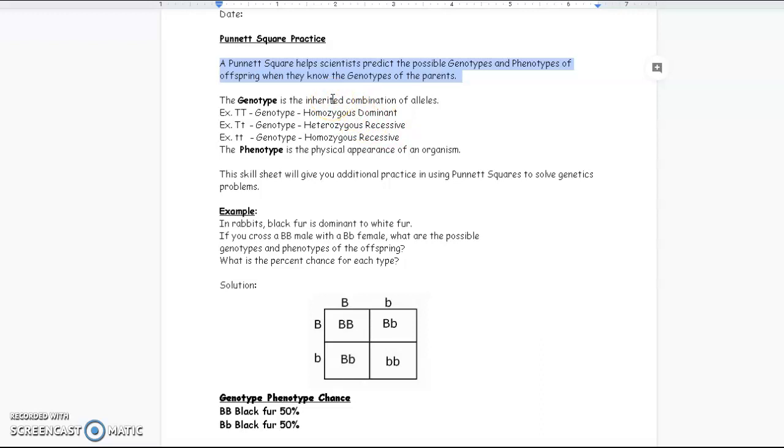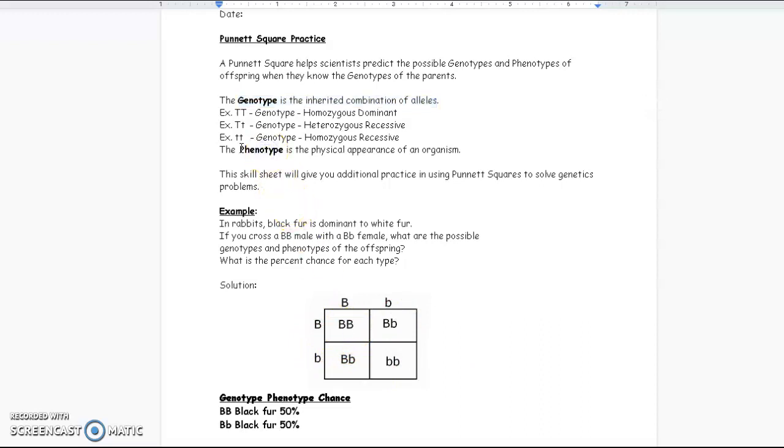Now, some of you are having difficulties understanding what a genotype and a phenotype is. A genotype is the actual code, it's the combination. So in this example right here, BB is a genotype.